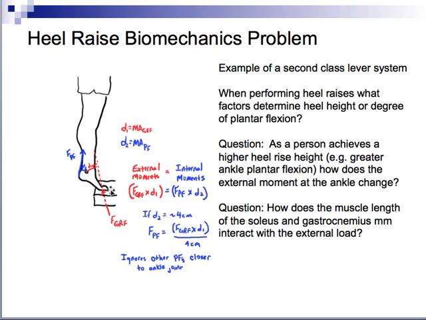So then why do we feel the burn when we're performing a heel rise at peak heel rise position? During peak plantar flexion, why is that the most difficult part for us to execute? Well, the other piece of it is, how is this affecting the muscle itself? We know that the soleus muscle is highly sensitive to length changes.